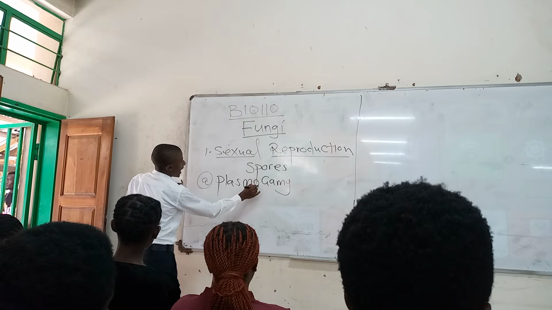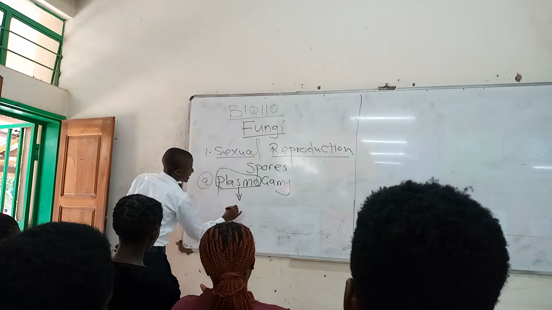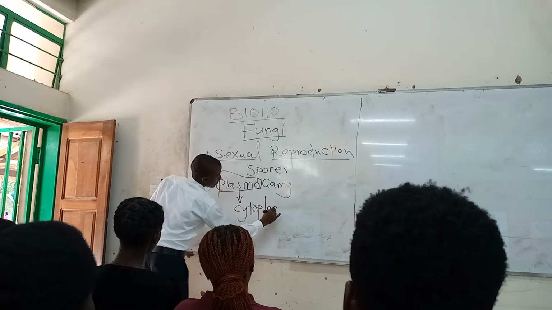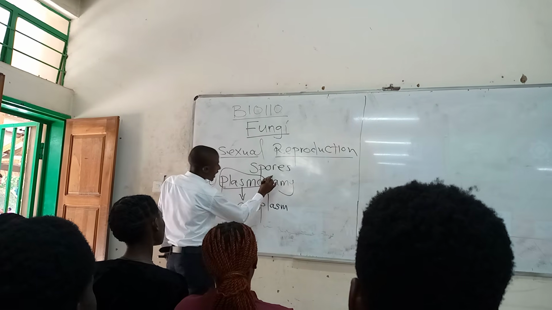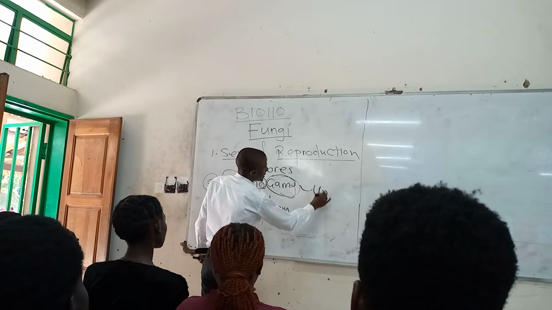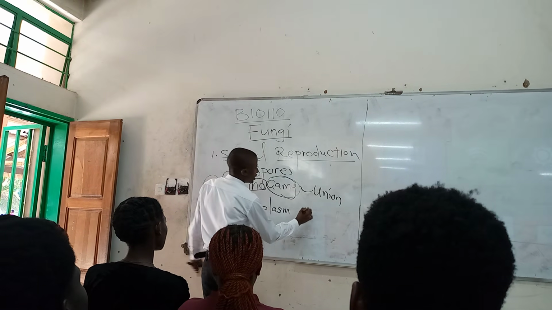The word plasmo means cytoplasm, and gamy means union, or in layman's language, marriage.